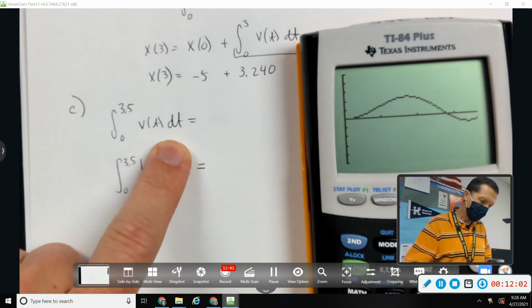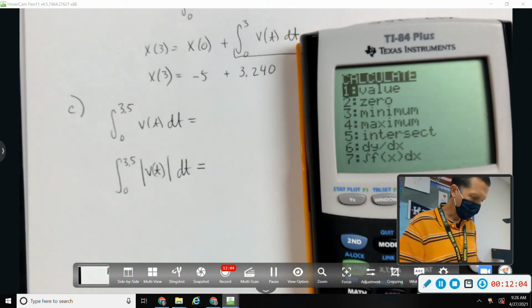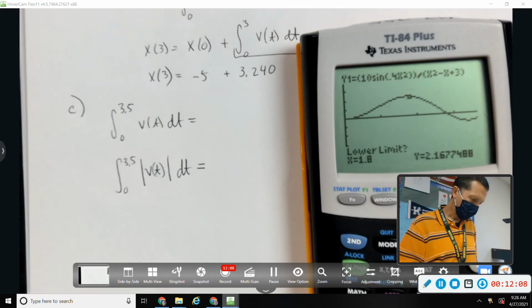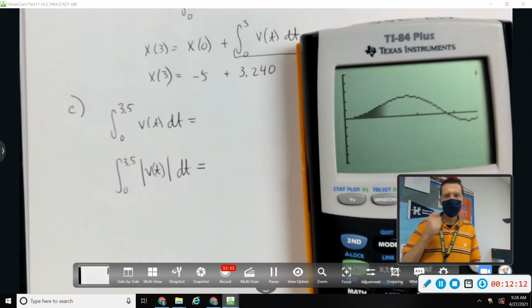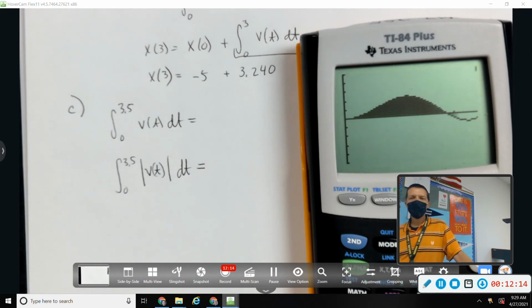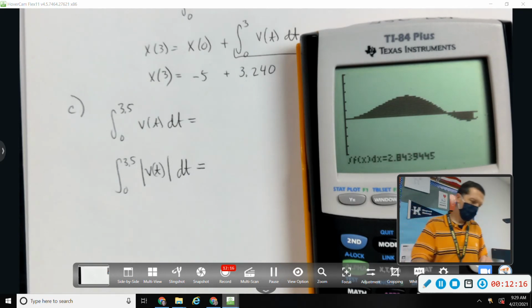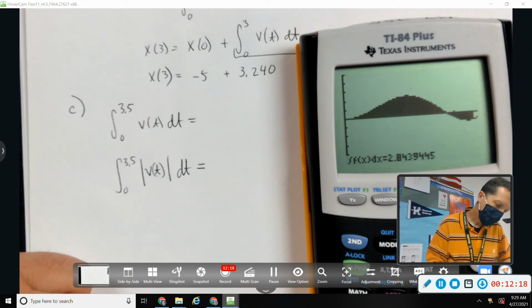Well, I can definitely do the integrals. In fact, I can do one of them right here. Integral from 0 to 3.5 is 2.844.